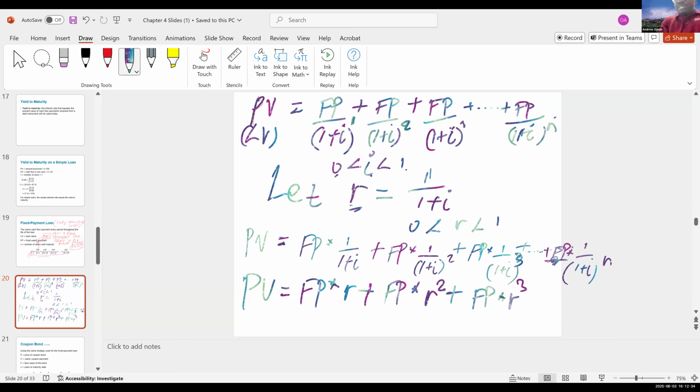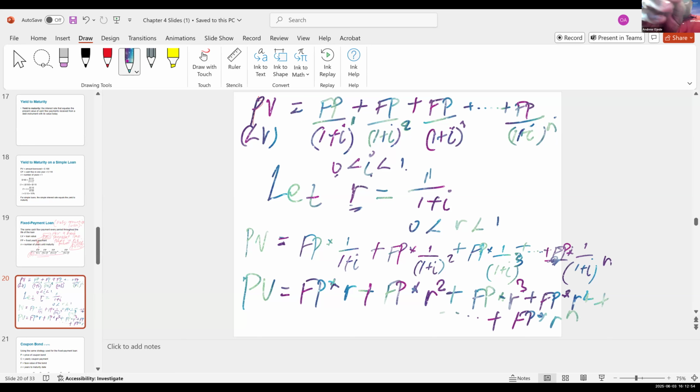You can add another term: fixed payment times R to the power 4, and then plus dot dot dot plus FP times R to the power n.